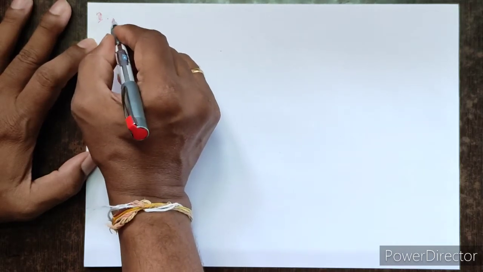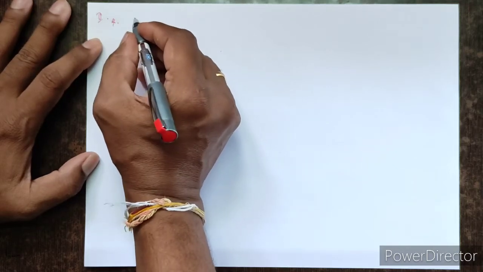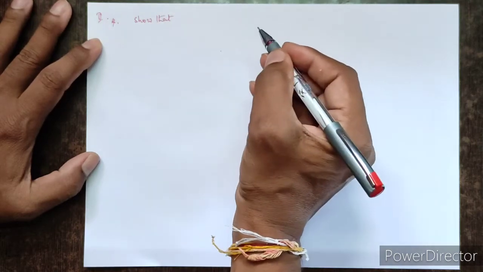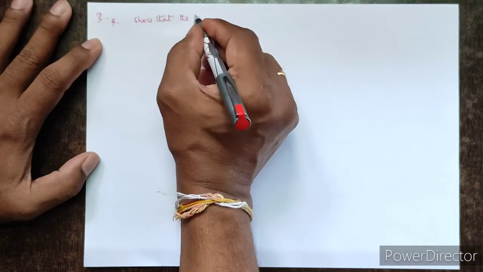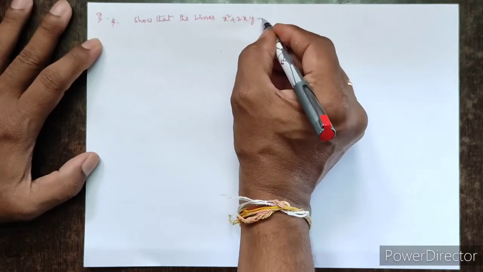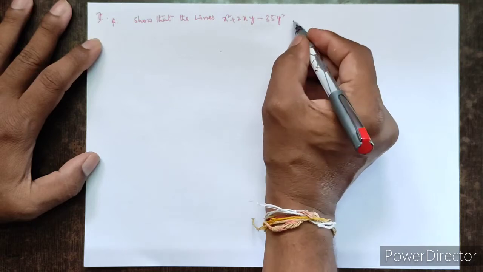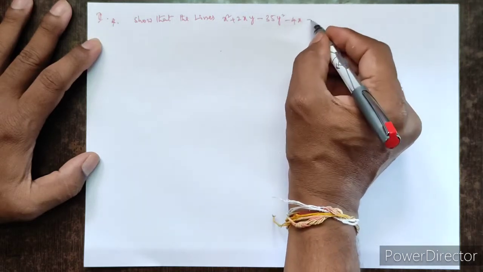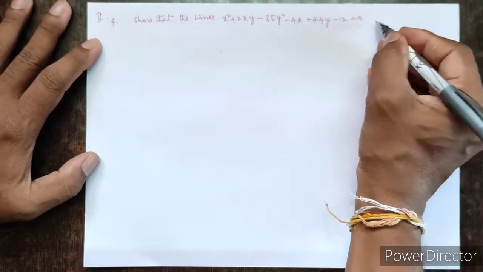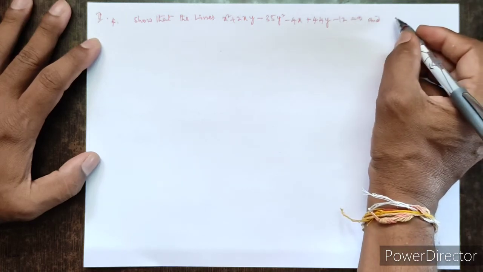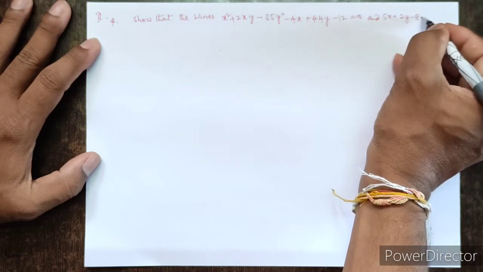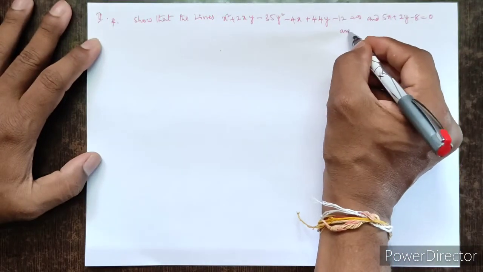And in the second bit, fourth problem: show that the lines x square plus 2xy minus 35y square minus 4x plus 44y minus 12 equal to 0, and 5x plus 2y minus 8 equal to 0 are concurrent.